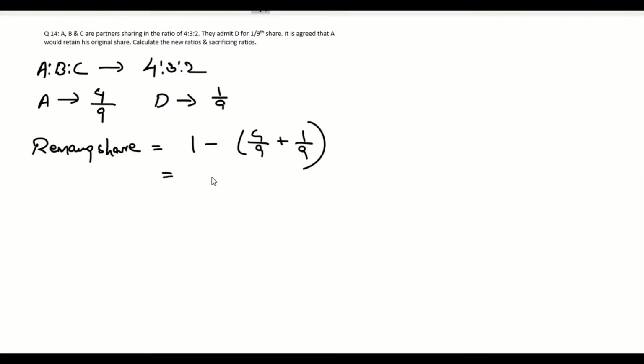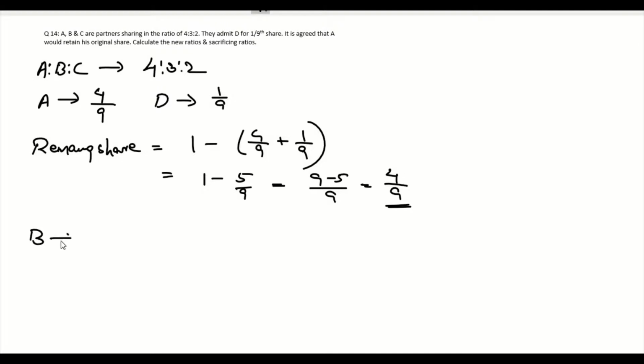That is equal to 1 minus 5 by 9, which is equal to 9 minus 5 by 9. This is equal to 4 by 9. 4 by 9 is the remaining share.